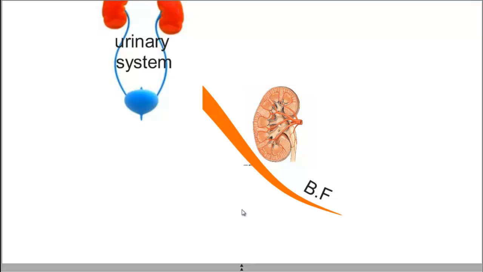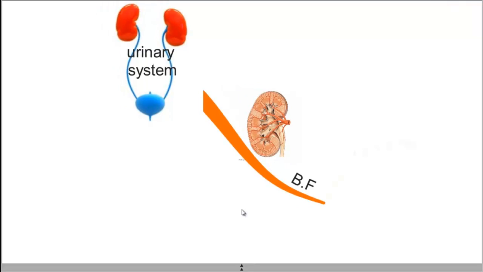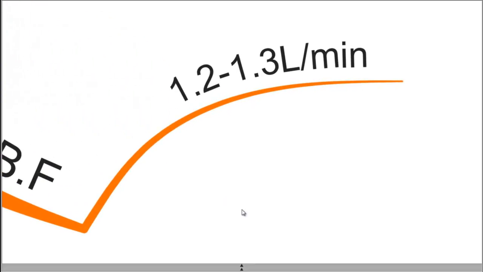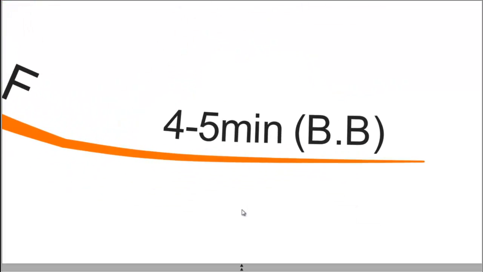When we talk about blood flow in the 2 kidneys of an adult, the amount is 1.2 to 1.3 liters of blood per minute. This means that all the circulating blood in the body passes through the kidneys every 4 to 5 minutes.